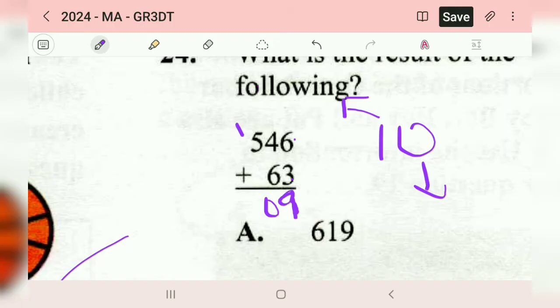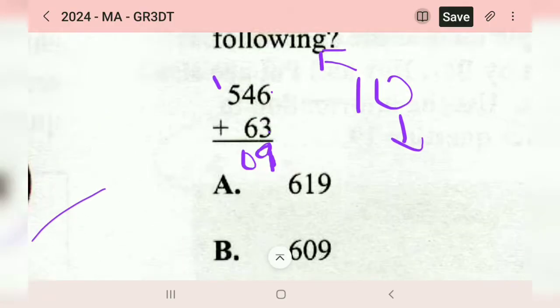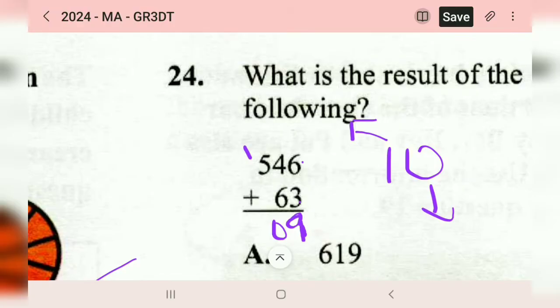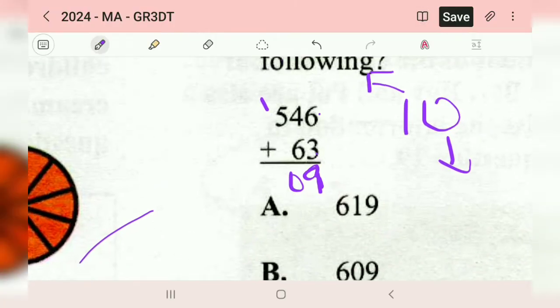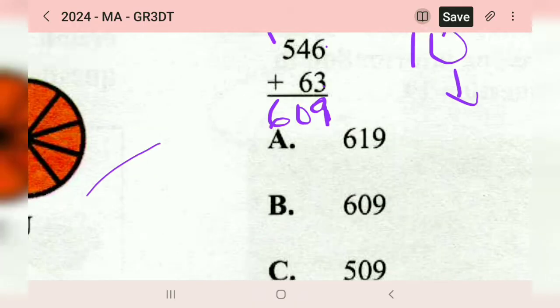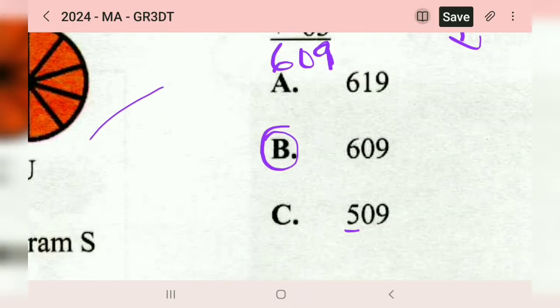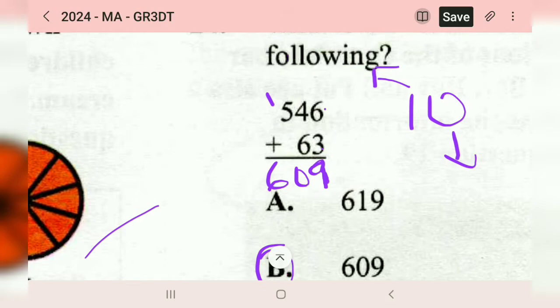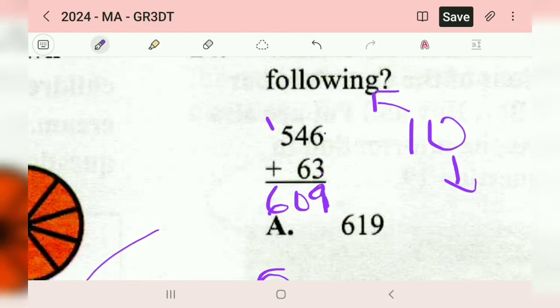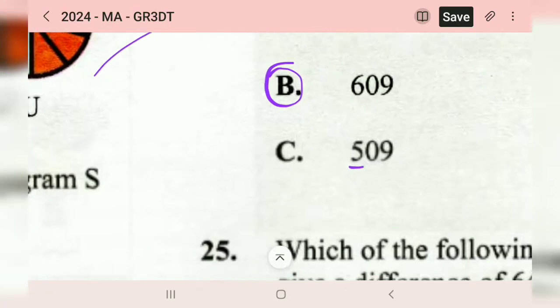Let's look if we have any ending in 0, 9. Oh Lord, B and C, still have to go further. 5 plus 1 is 6. Let's see if we have a 609 anywhere. And that's at B. You know why they have 509 here? Because they know some children are going to just put on the 5 without adding the one that they rename. Remember to add what you've renamed, alright?